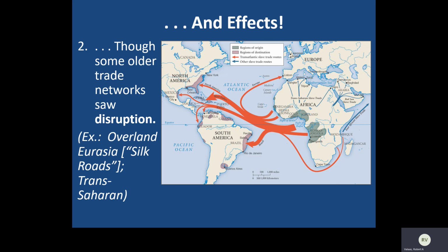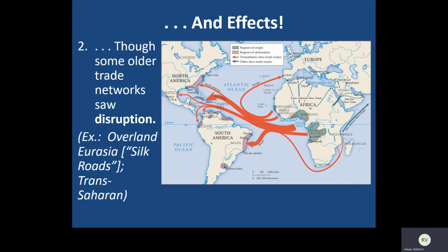I mean, you can still see there's lines there indicating camel caravans crossing the Sahara Desert, but much less so than the maritime trade. It became much easier to get goods, and in this case, human beings, to Europe and to the Mediterranean area by ship sailing around West Africa. So the trans-Saharan trade routes decline quite a bit.